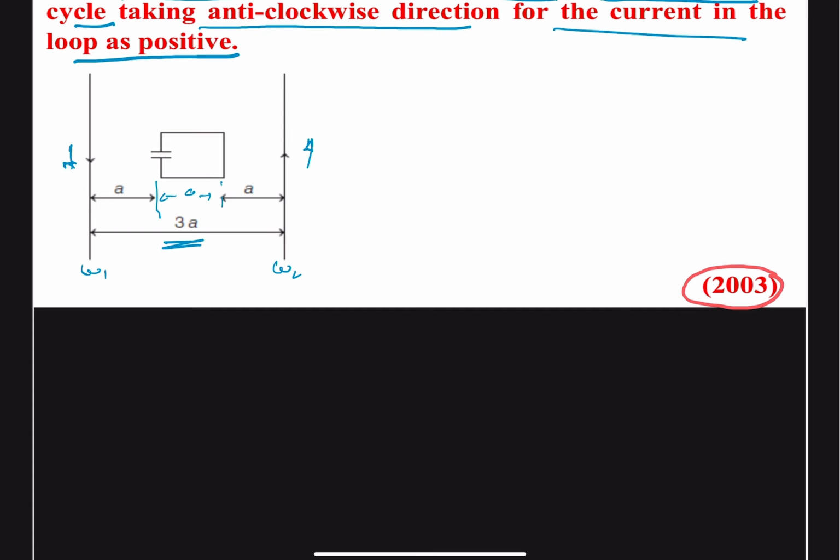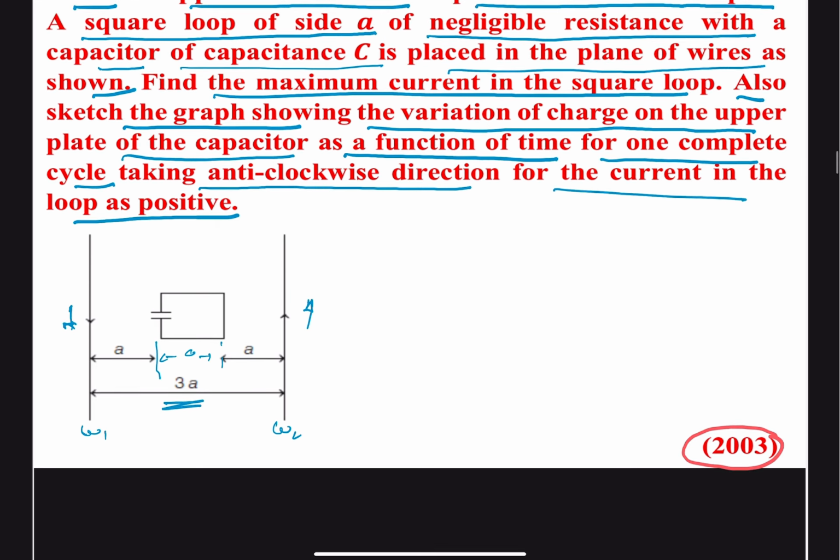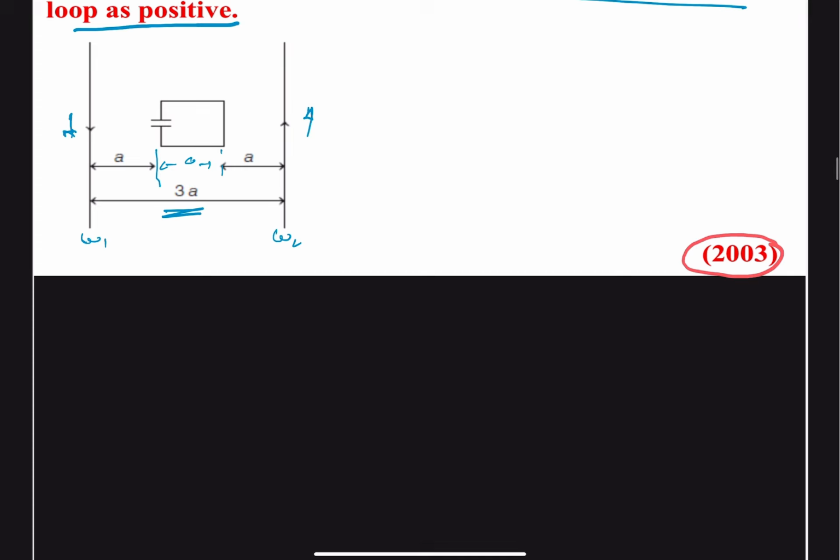So we are supposed to find the maximum current in the square loop, and sketch the graph of the variation of charge on the plate of the capacitor as a function of time. So we have to find two things: first the maximum current, and then the waveform of the charge.